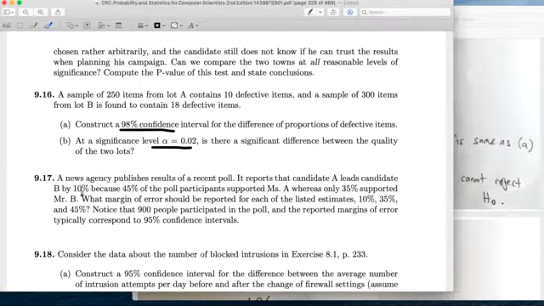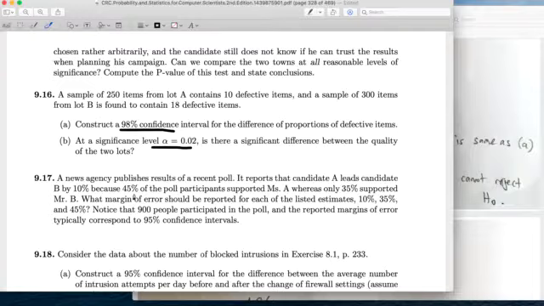So the exercise is like this. A news agency publishes the results of a recent poll, and there are two candidates, candidate A and candidate B. It reports that candidate A leads candidate B by 10% because 45% of the poll participants supported Miss A, whereas only 35% supported Mr. B. The difference between these two is 10%.